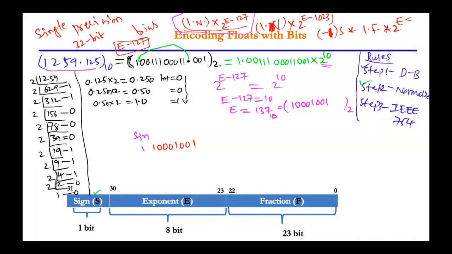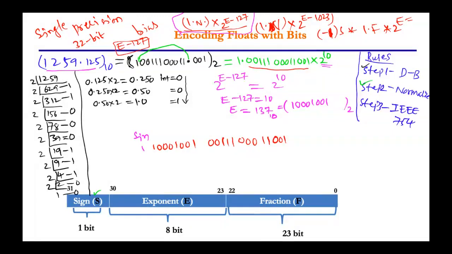And then 23 bits for the fractional part. Our fractional part is this one: 0, 0, 1, 1, 1, 0, 0, 0, 1, 1, 0, 0, 1. This is the fractional part.